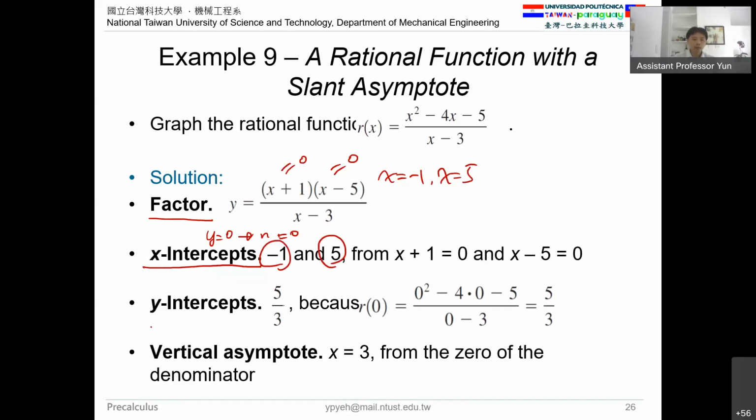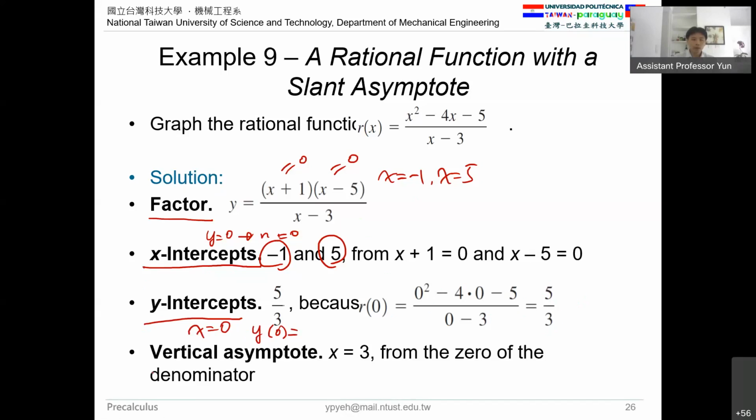To find the y intercept, we let x equal to 0, right? So y of 0 will equal 5 divided by 3, okay? So the y intercept will be at 5 divided by 3.